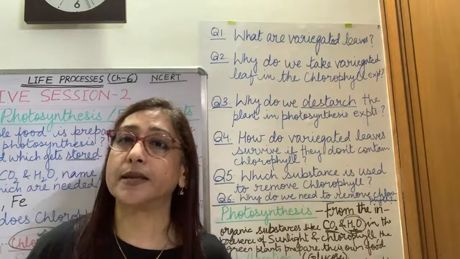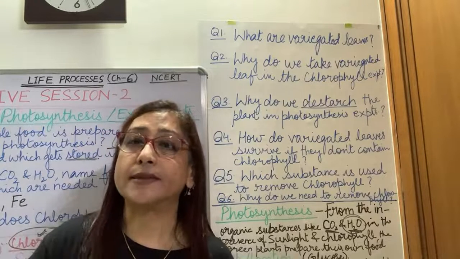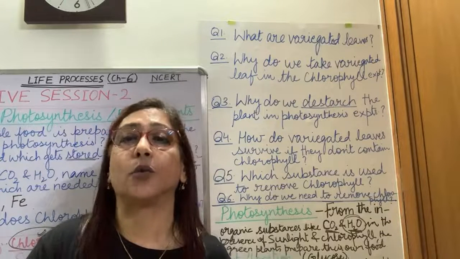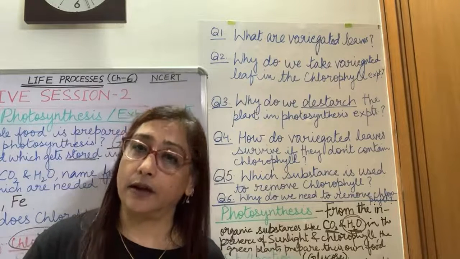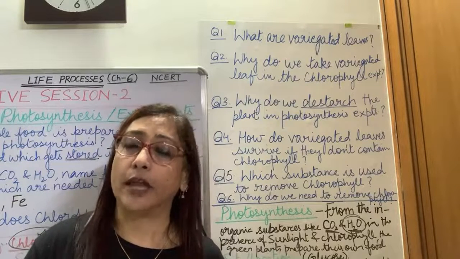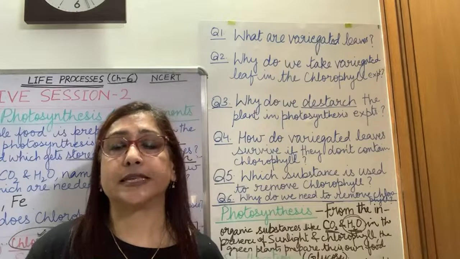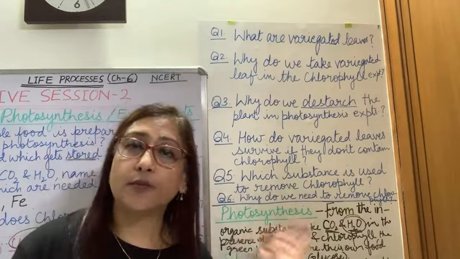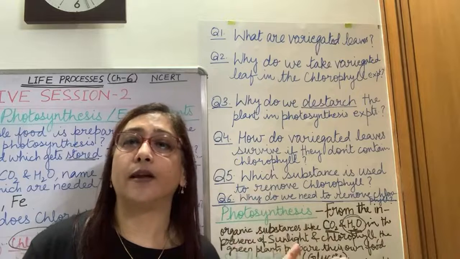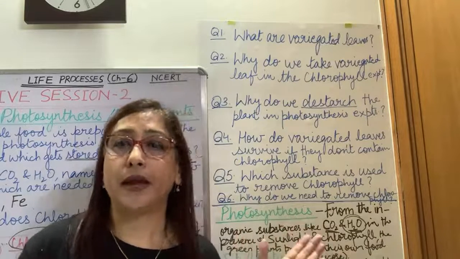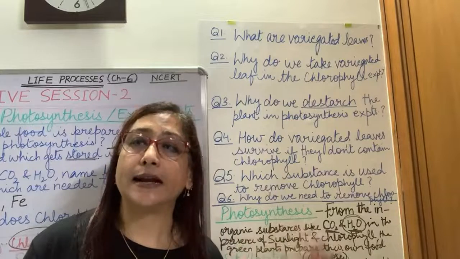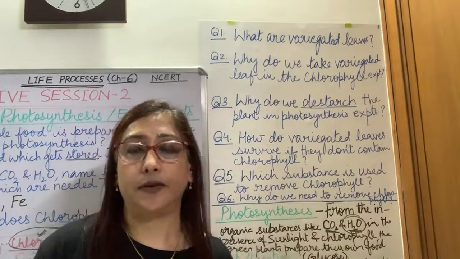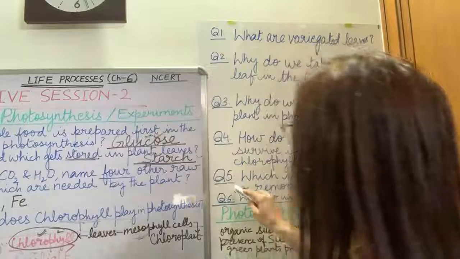Some other pigments are there which are present in the non-green areas or the white portion of the variegated leaves, and they perform photosynthesis. So these white areas or the non-green areas also perform photosynthesis, and they also make starch, and that is how they survive. Now, question number 5.